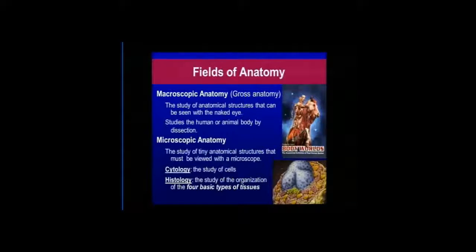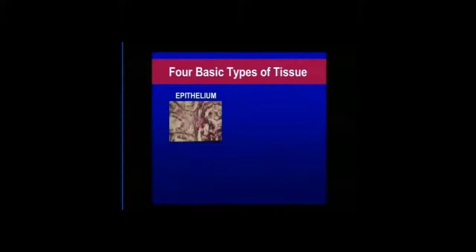So cytology is the study of cells. Histology is the study of the four basic types of tissue that we want to talk about today. And so we see those. It's very interesting how the whole body could be categorized into four different groups of cells, tissues.